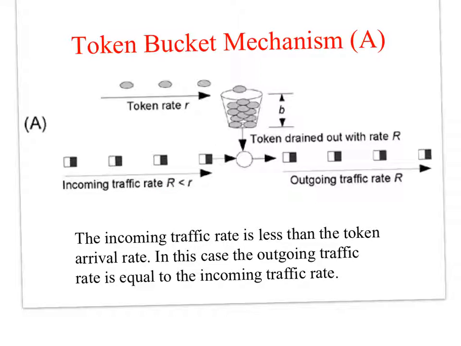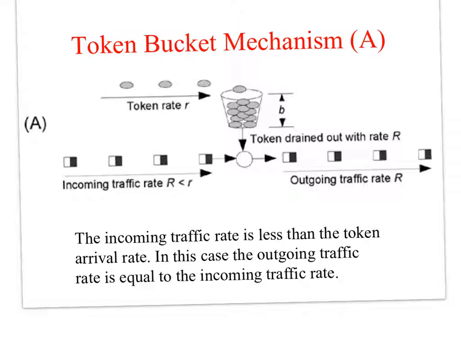So you will have some tokens going into the bucket with the difference between small r and capital R, right? These tokens represent credit for you. It's like I'm giving you a maximum rate of small r, and you're using less. Why should I penalize you and say, okay, you're using less, it's your fault, and that's it?